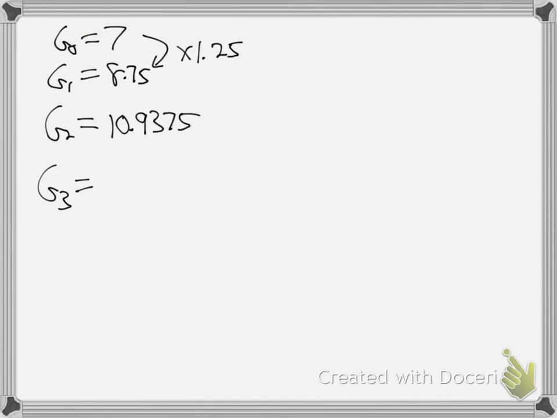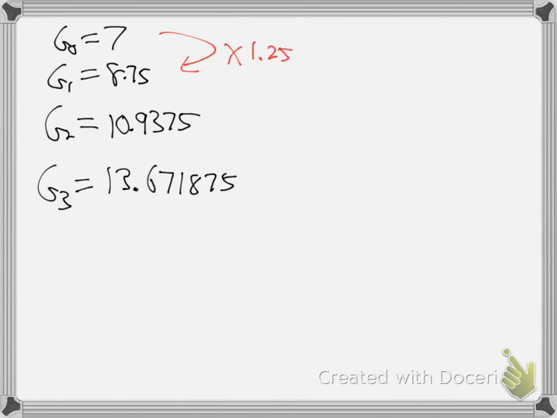And this one was 13.671875. So times 1.25 times 1.25 times 1.25, etc., right?